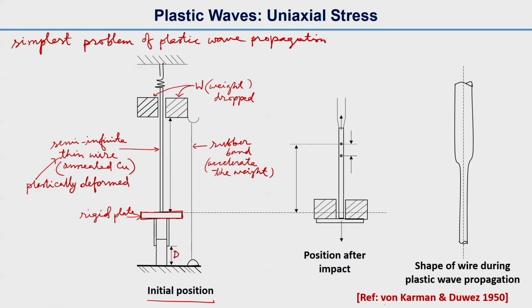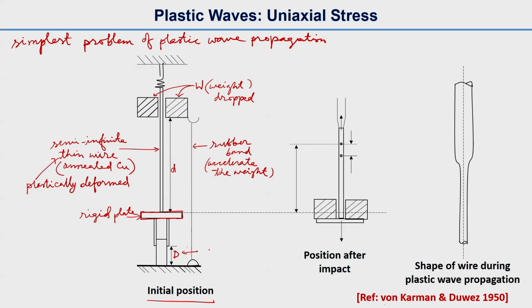You can see that this is one anvil, and you can vary this distance. When the weight impacts here, let us say small d is the distance from the initial portion of the weight to the rigid plate. The weight will travel a distance small d, and capital D is the allowable deformation, the total wire extension.